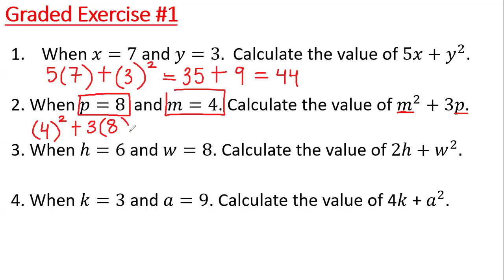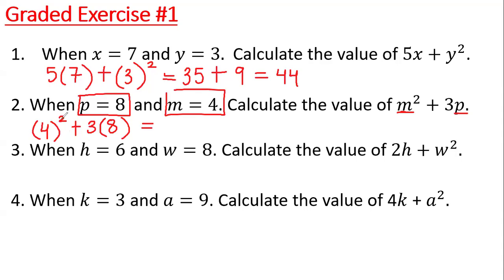Understand that, right? Yes, sir. Wait, where does the times come from? Because when it's together like that, when it's close, 3P is 3 times P because they're close together. Okay. Good.